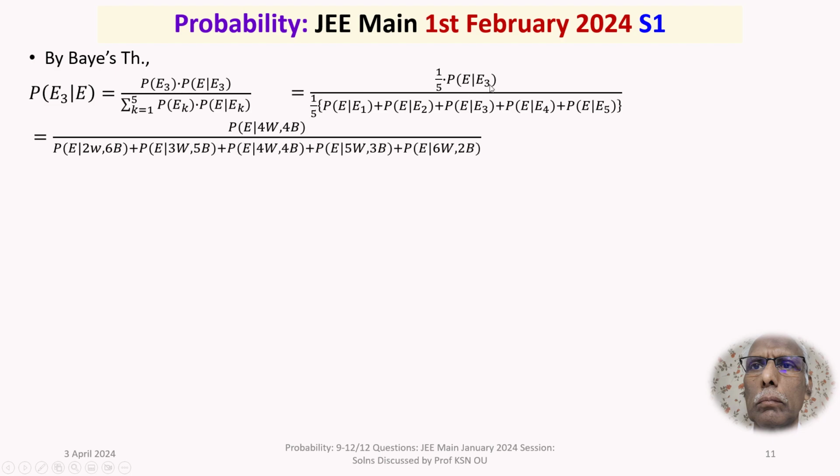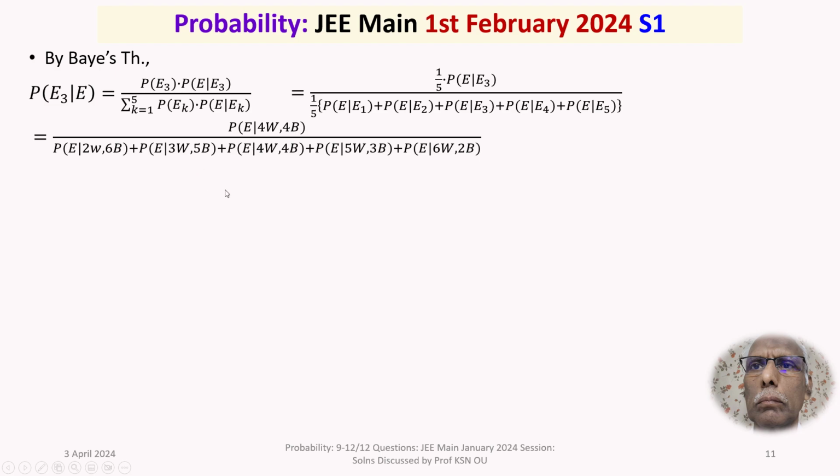E3 is when the bag has equal number of white and black balls, 4 white and 4 black balls. This I am writing for convenience. So this 1 by 5 cancels, and the probability of E given 2 white, 6 black. In the second case, 3 white and 5 black. And the third case, 4 white, 4 black. Next case, 5 white, 3 black. Last case, 6 white and 2 black.